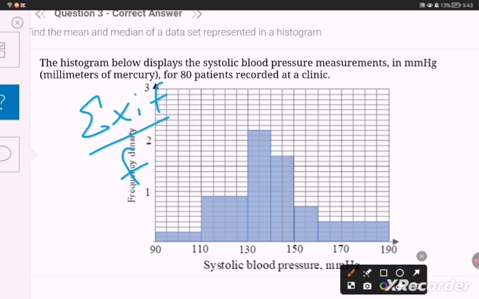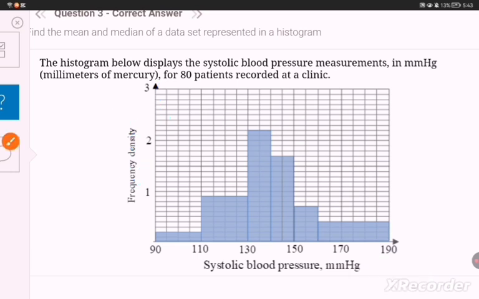So we're going to start by finding the midpoints. So for 90 to 110, all you have to do is just add both extreme values together. Okay, so you're just going to do 90 plus 110, then divide that by 2, so 100. Okay, and then you can just keep doing that for the rest.